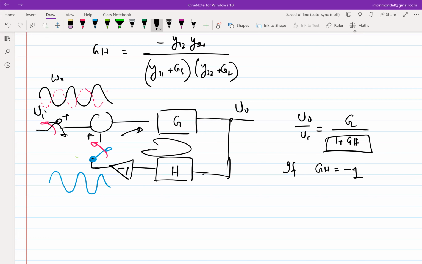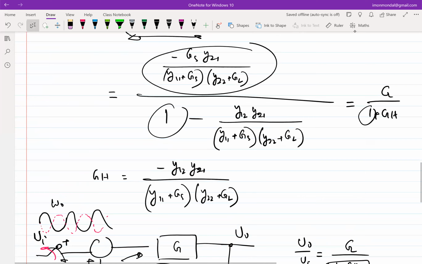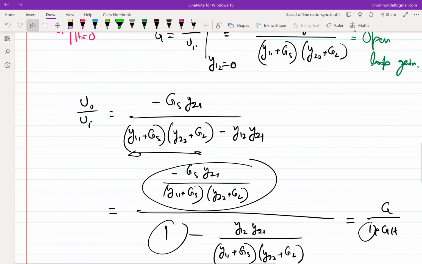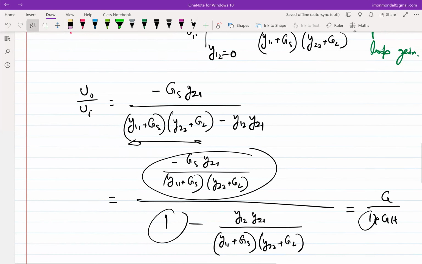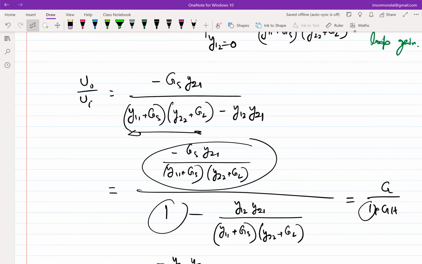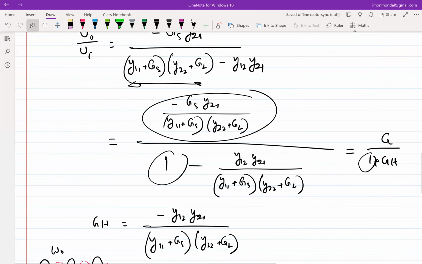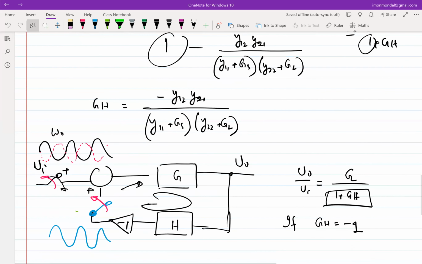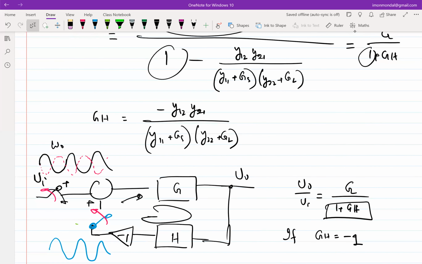Okay. So if we have to ensure that, now let's go back to our two-port network model. We need to ensure that this GH is never equal to -1. I think I made a mistake in this case, right? Okay. So if I have to ensure that this denominator never goes to 0, what do I need to ensure?